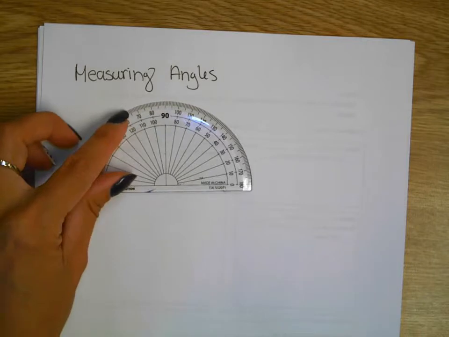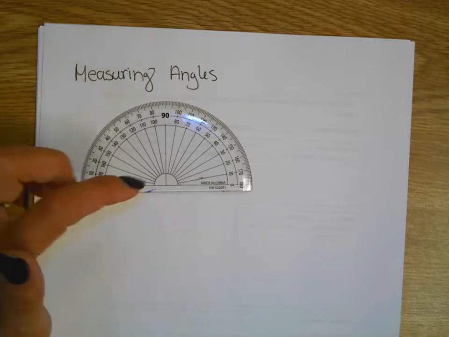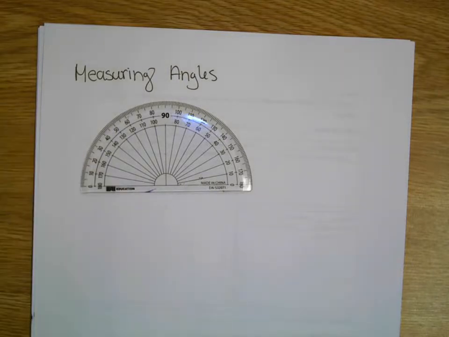You know, we usually just measure it to the nearest whole degree. Maybe it was 38 degrees or 105 degrees or whatever. Do you think it's possible to get in between whole number degrees? Could I draw an angle that is 10.5 degrees? Should I be able to do that?